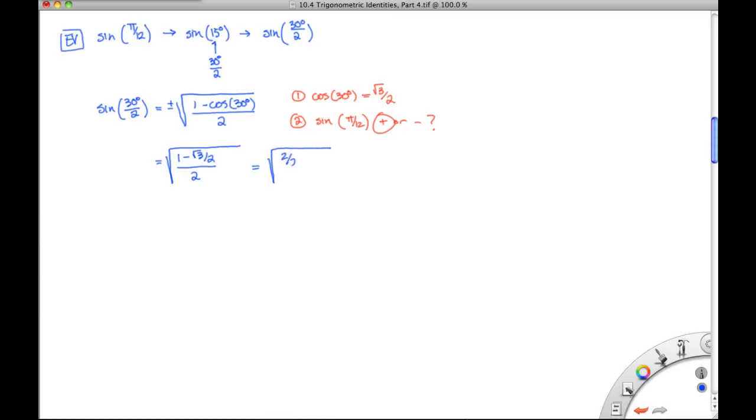So 2 over 2 minus root 3 over 2 all over 2. Bring this together, we get 2 minus root 3 over 2 all over 2, which will give us the square root of 2 minus the square root of 3 all over 4.